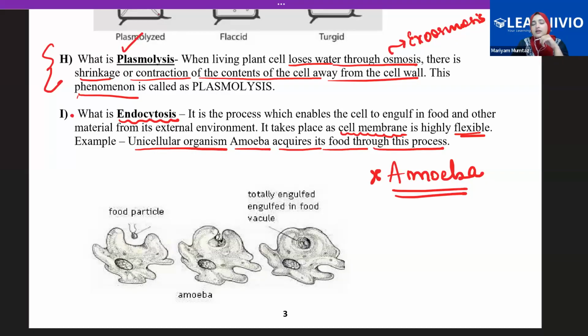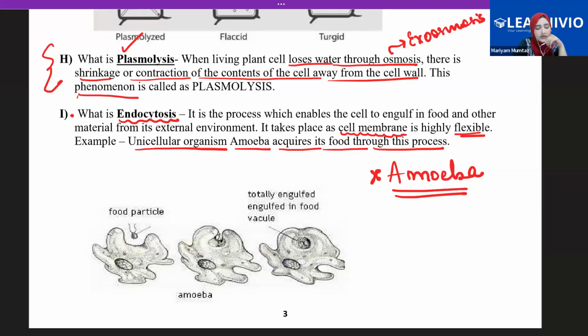So here, the food is engulfed from the external environment. It takes place because the cell membrane is highly flexible. If the cell membrane hadn't been so flexible, none of it would have been possible.